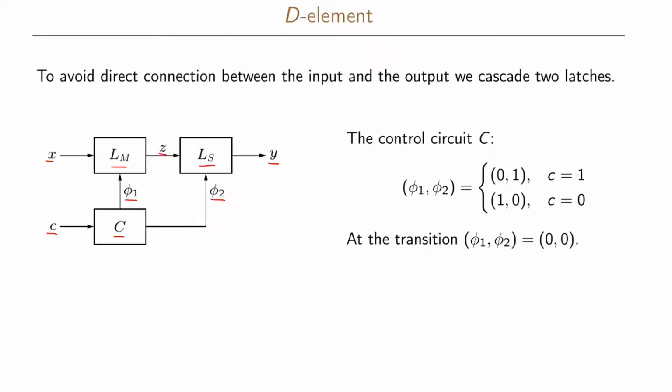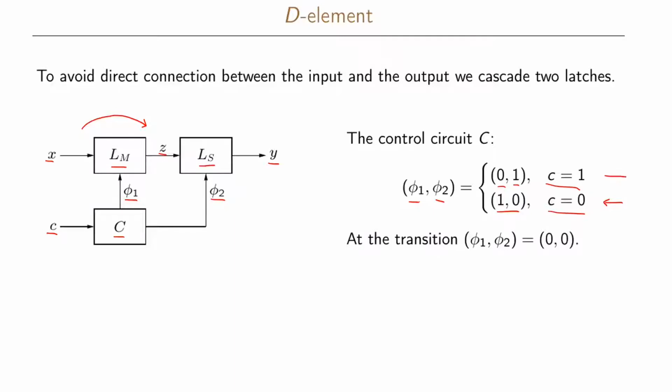So we're going to have phi1 and phi2 be 0, 1 if the control signal is 1, and 1, 0 if the control signal is 0. This means that if C is 0, the first latch lets the signal through from X to Z, but no signal passes the second latch because phi2 is 0.